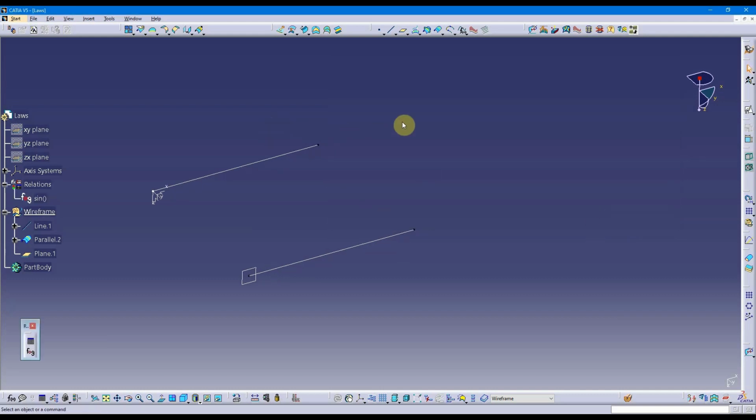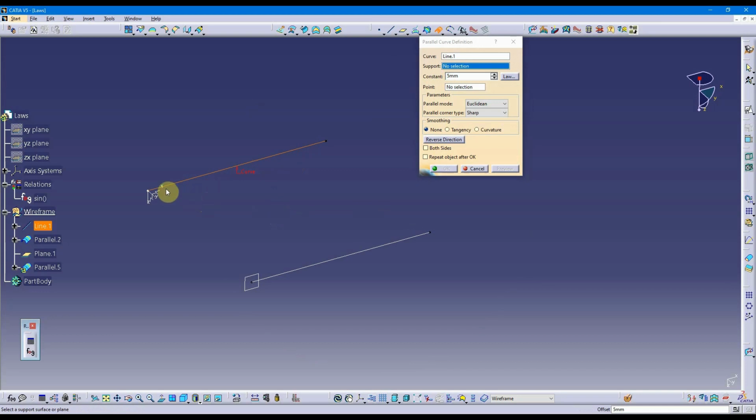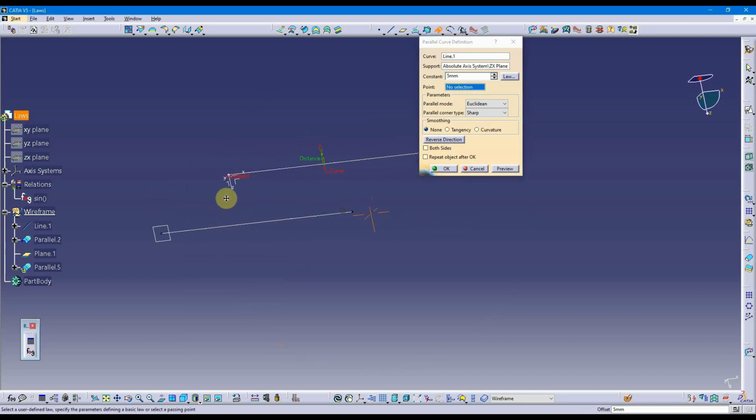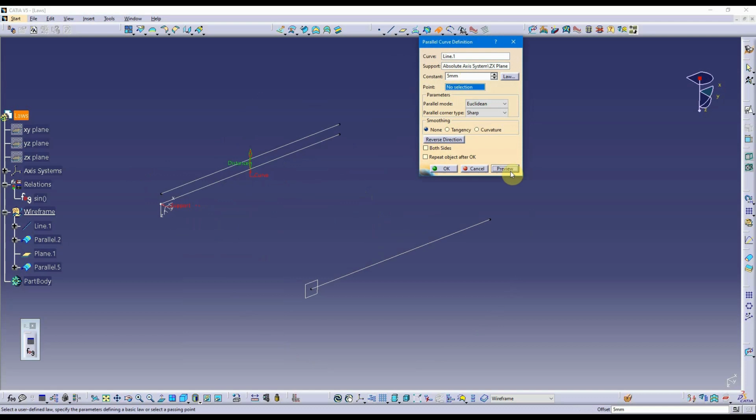So let's go to the parallel curve tool. I'm going to do a parallel curve off of this curve with my XZ as my support. Now I've got a constant value of 5 entered right now, so you can see an offset of 5, if that's the way I left it, but I'm not.